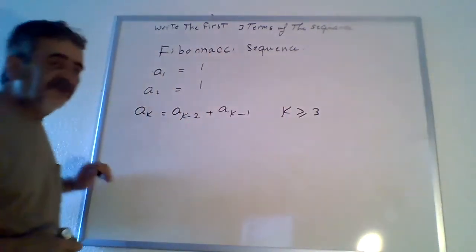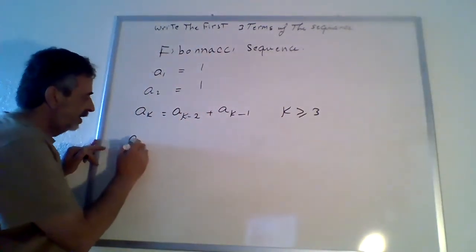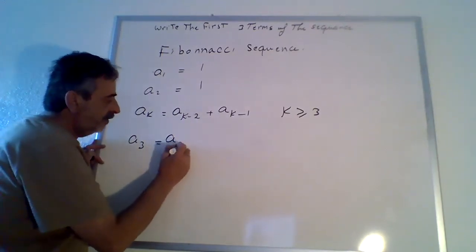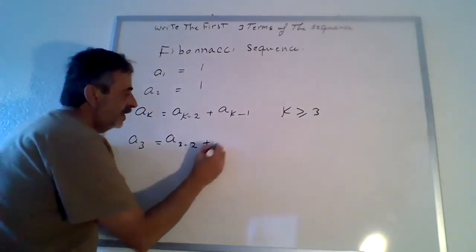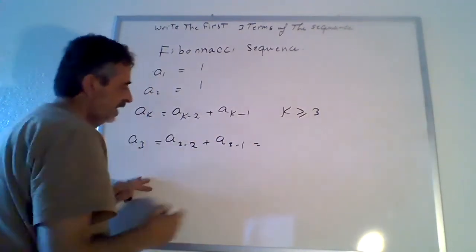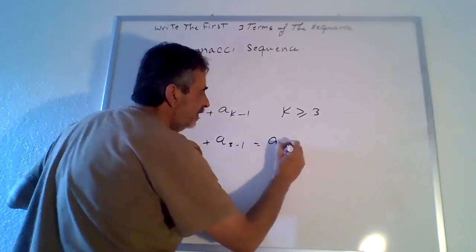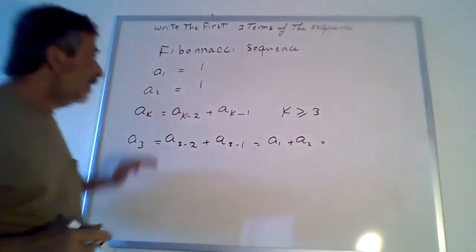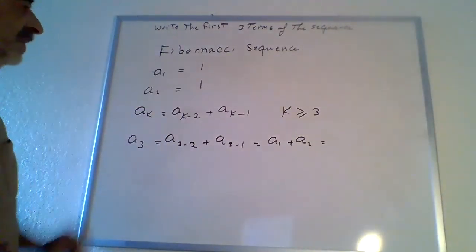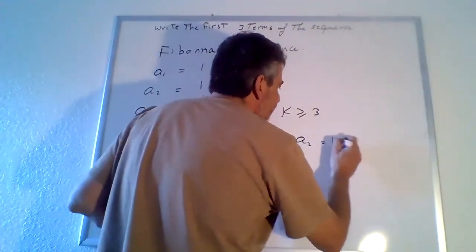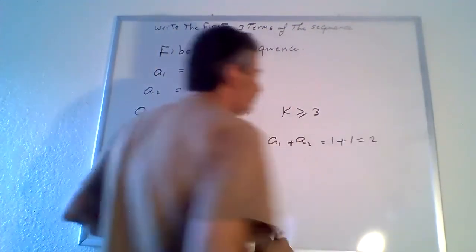So in order to figure out what A3 is, A3 would be A(3 minus 2) plus A(3 minus 1), which is A1 plus A2. And in this case, we are given the first two terms of the sequence. It's going to be 1 plus 1, which is equal to 2.